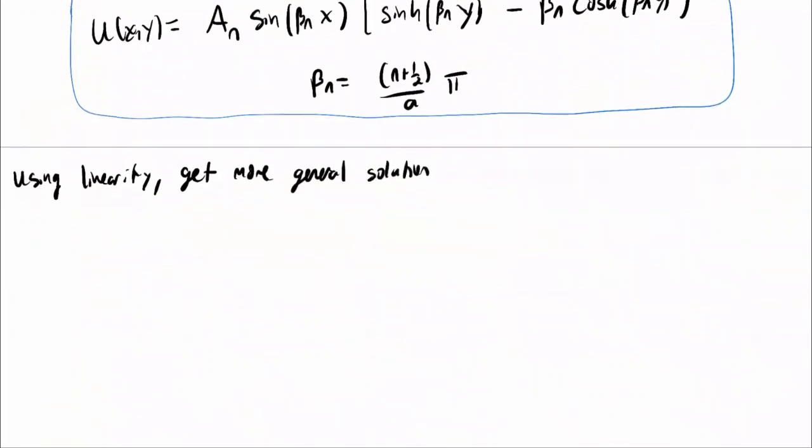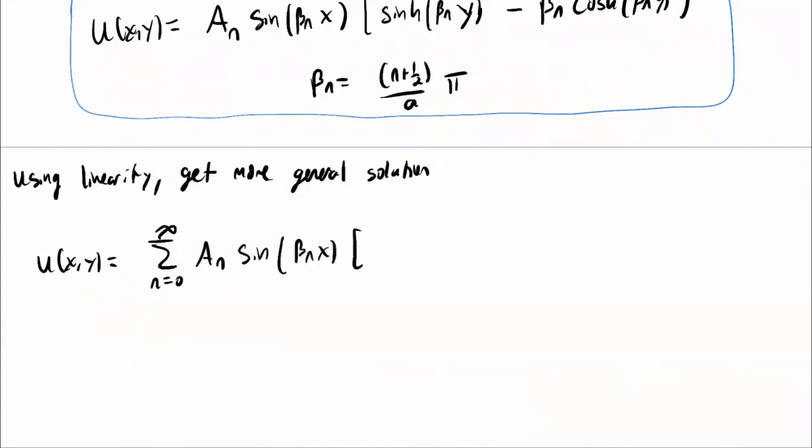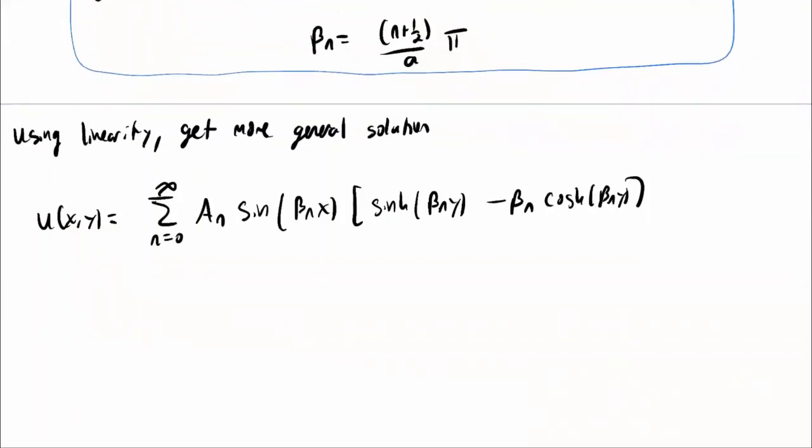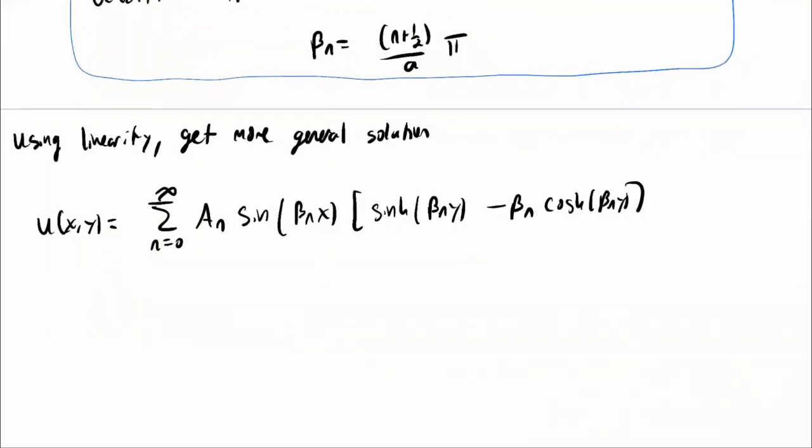which is given by u of x, y is the sum from n equals 0 to infinity of a_n sine beta_n x, and then times all my hyperbolic trig functions, where beta_n is defined as above.